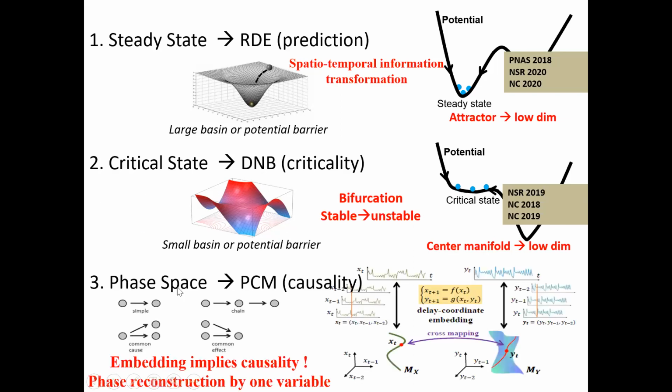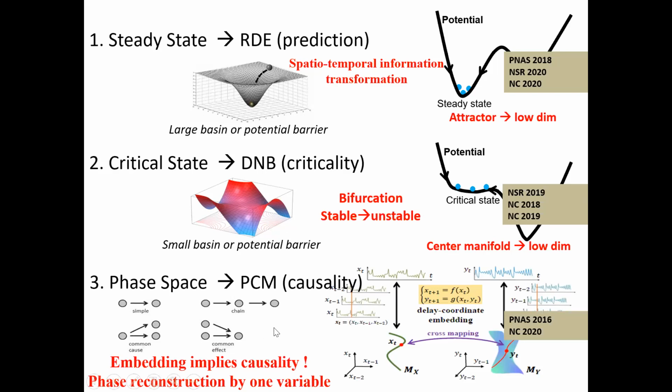The third part is causal inference, which is also a very important topic. For this part, we explore the delay embedding theory. We want to reconstruct the phase space from a single variable.